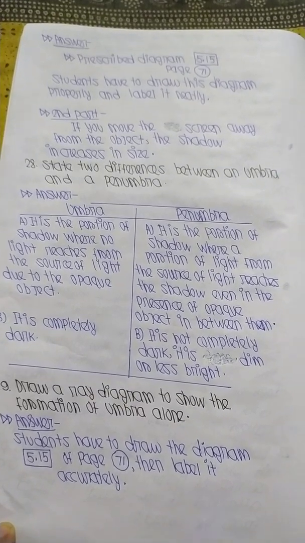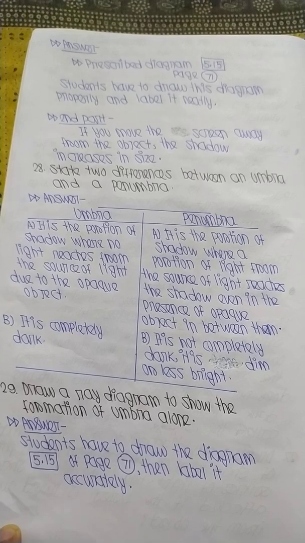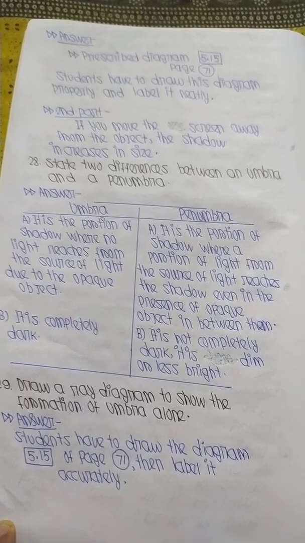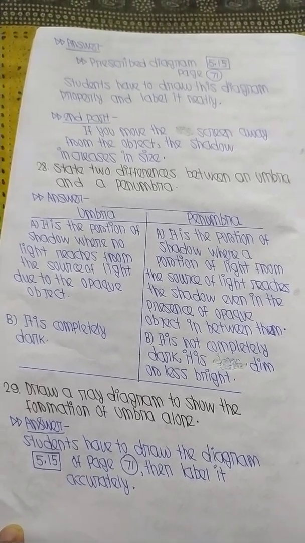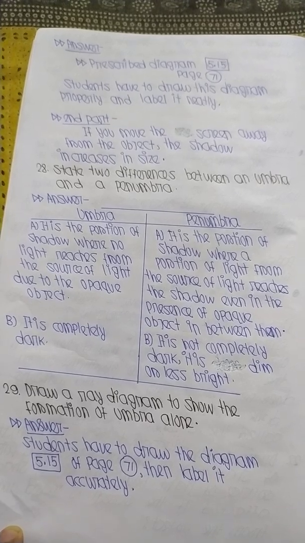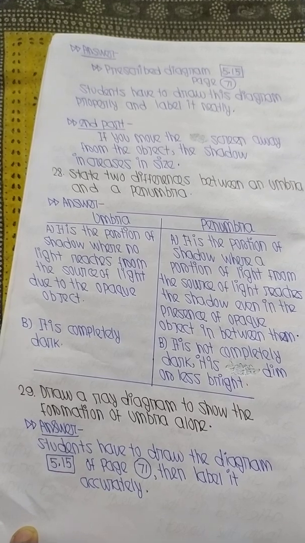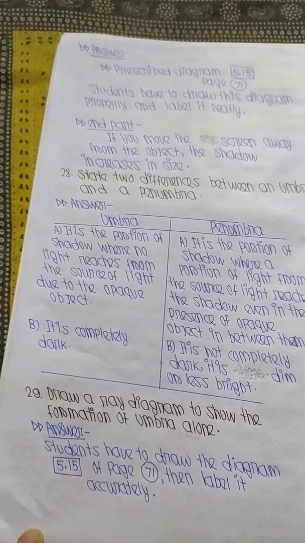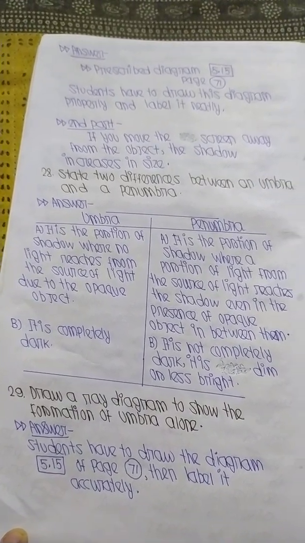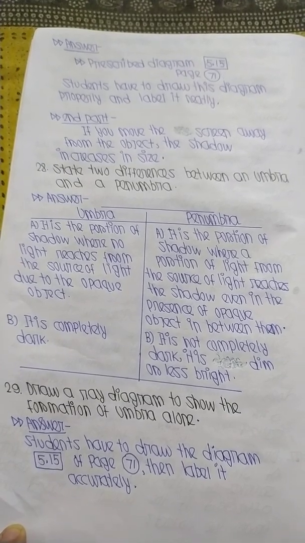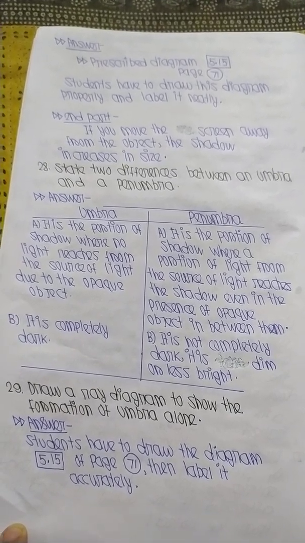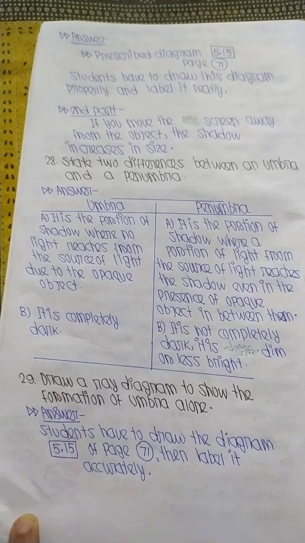Penumbra, point A. It is the portion of shadow where a portion of light from the source of light reaches the shadow even in the presence of opaque object in between them. Umbra, point B. It is completely dark. Penumbra, point B. It is not completely dark, it is dim or less bright.